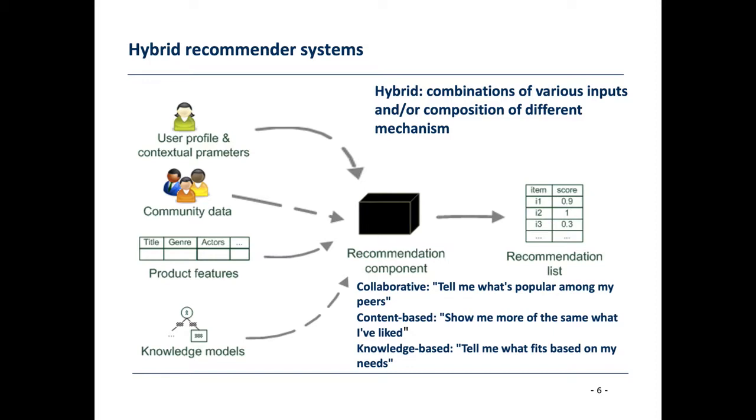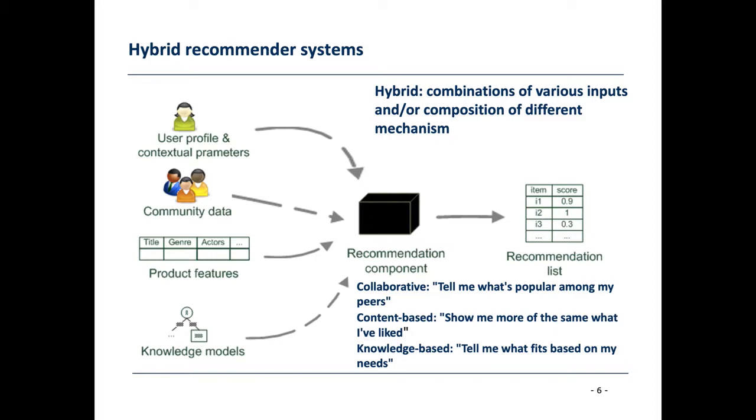So at the end, that recommendation component could take all of those models derived from those 4 distinct types of data, in a particular form, as we shall see, a particular processing architecture, and generate a recommendation list. From the user's perspective, the recommendation component is still a black box.